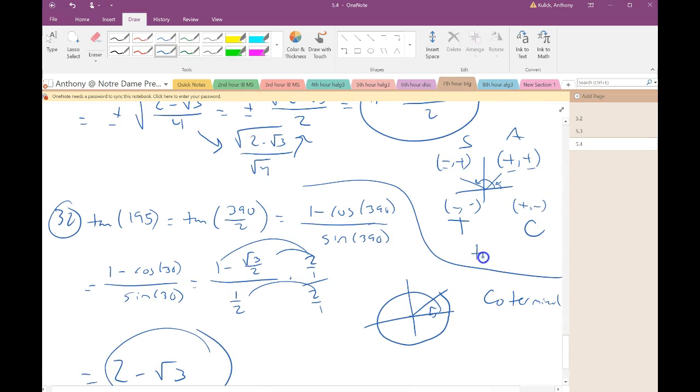So remember that tangent is sine over cosine, so it's y over x. If you were in the fourth quadrant, you'd have negative over positive, which is negative. Correct.